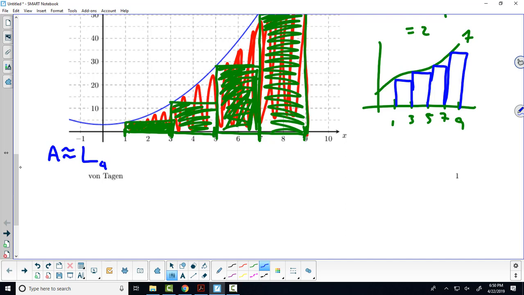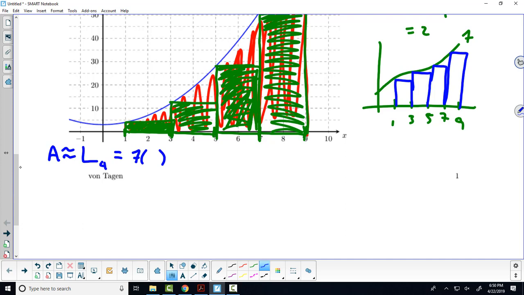But how would we do this left endpoint method? Well, what we're going to do is take the functional value evaluated somewhere in this first interval. Here's my first interval, right? For this first interval, I could pick any number between 1 and 3 to give me the height.